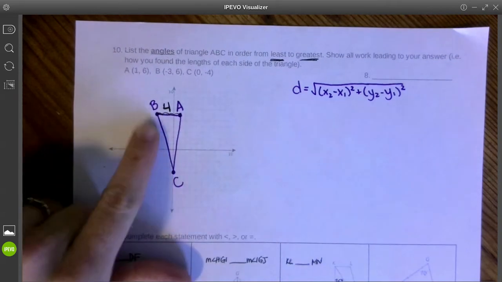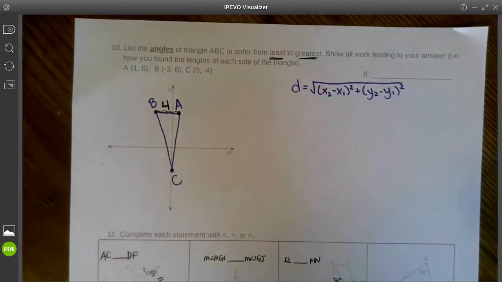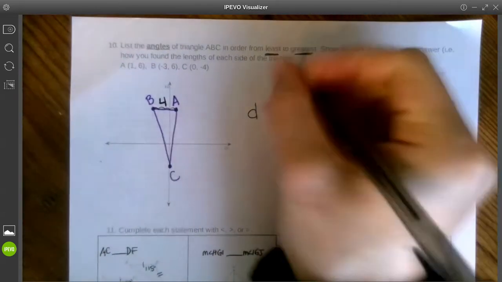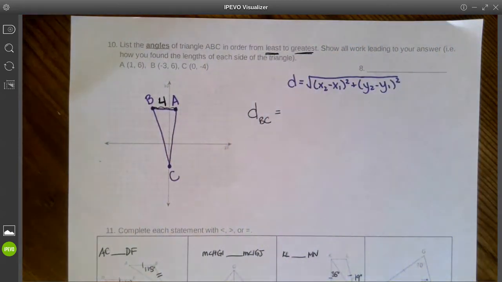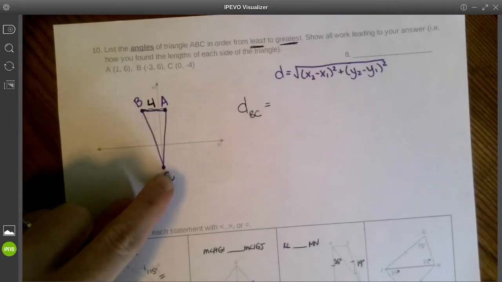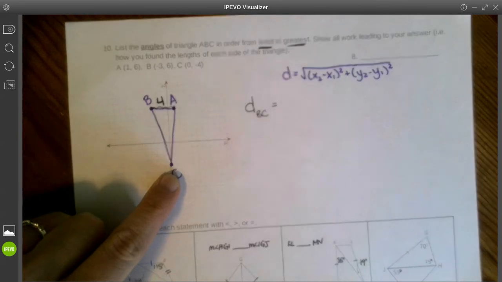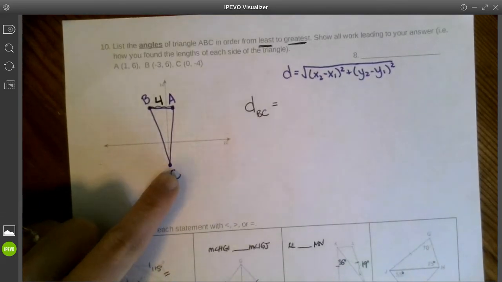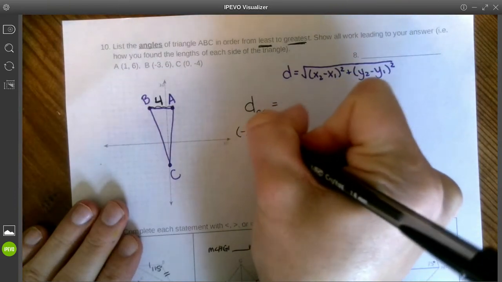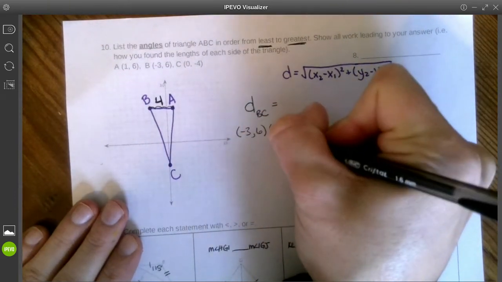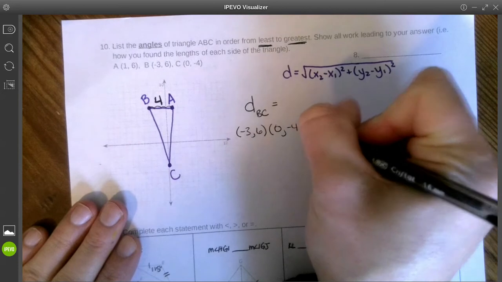I'll find the length of BC first. So we're going to find the distance or the length of BC. I need to use point B and point C in my distance formula. Point B is (-3, 6), and point C is (0, -4).